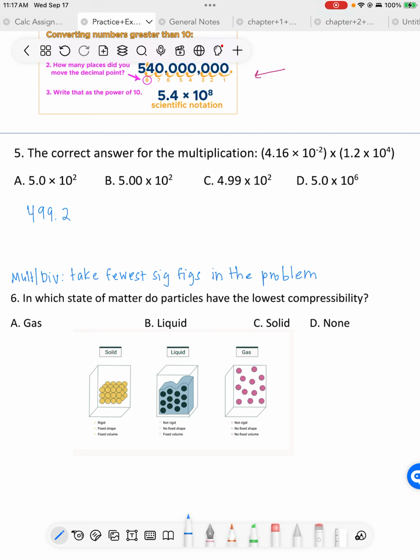Even though he doesn't specify that in the problem, you know that you have to. So we want to look for the one that has the fewest. This guy has 1, 2, 3. We do not count these for significant figures. And this guy has 1, 2. So we're going to go to 2 significant figures.